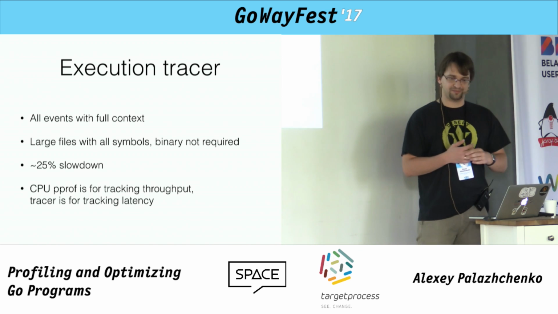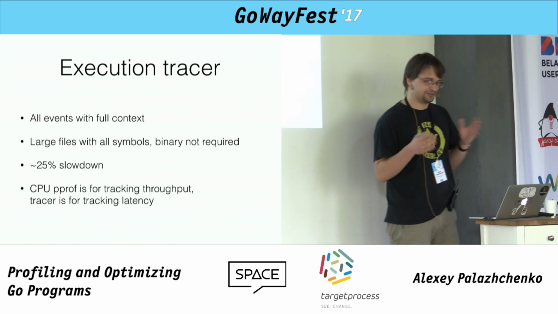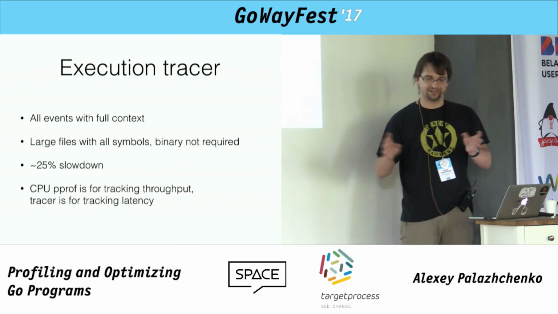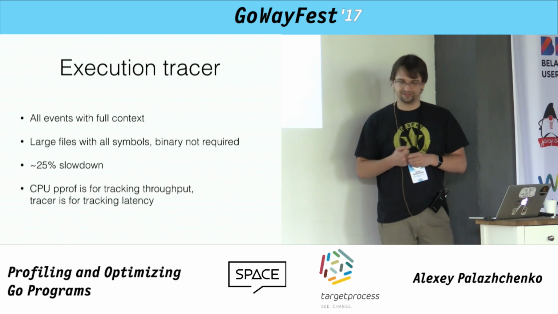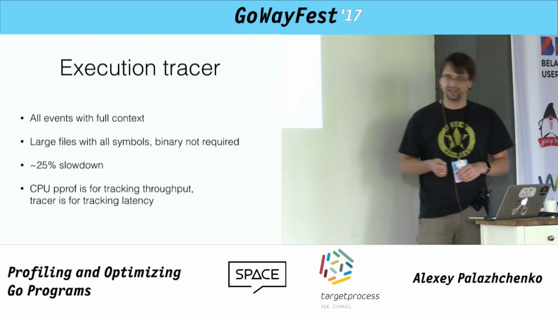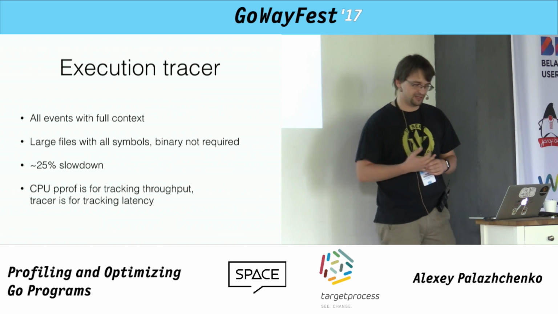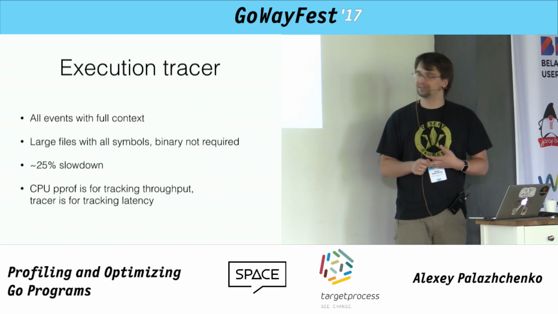So you will not be able to open the whole thing at once. You will get only 2 seconds, but then you can scroll and skip to the next interval. It will have quite a high overhead. So if you're going to run this in production, you probably should not do it on every second backend you have, but for a single backend or 2 backends, it will be fine.